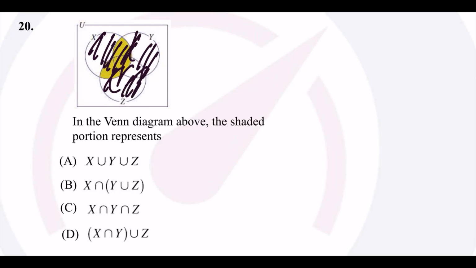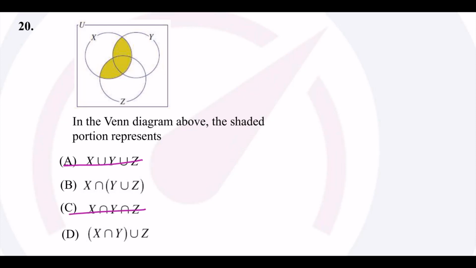And that's not the answer, so that won't be the shaded region. This one says X intersect Y intersect Z, which would be the middle section here. So no, that also wouldn't be an option. So this is out, this is out.